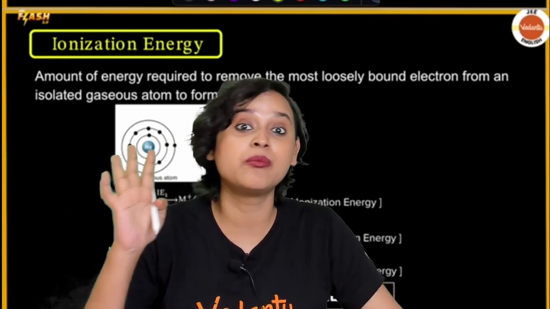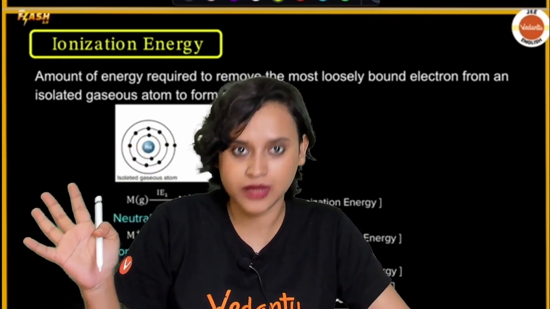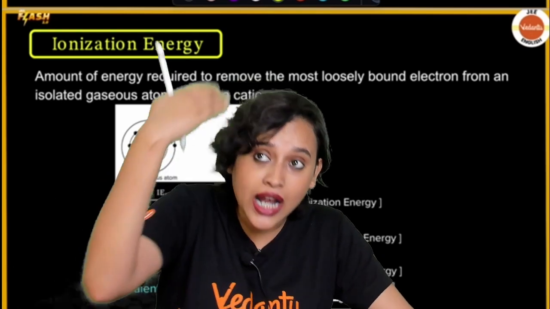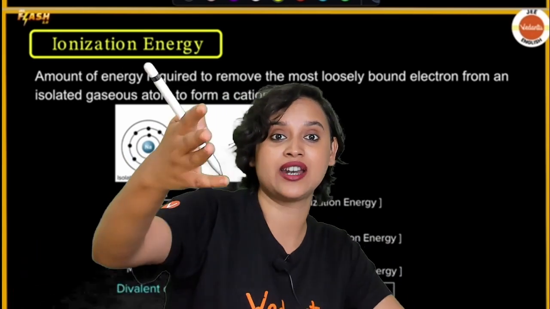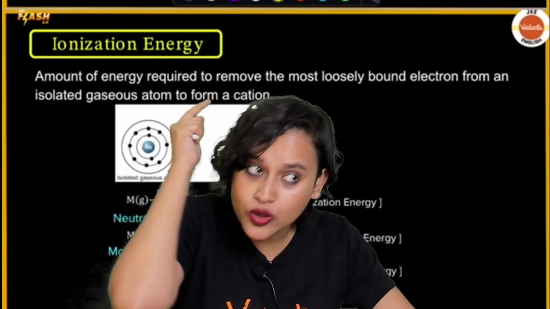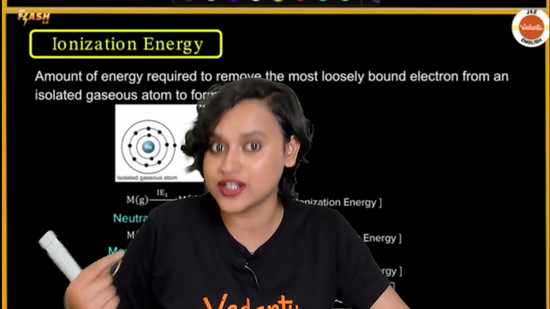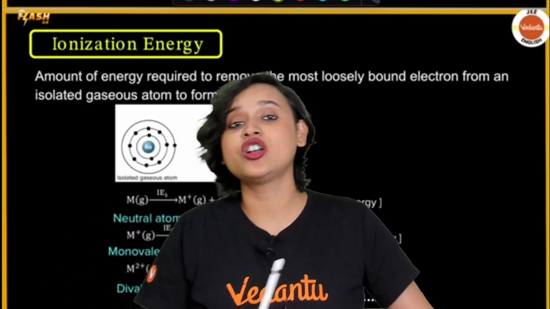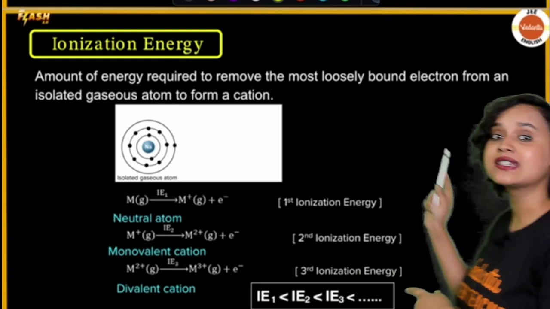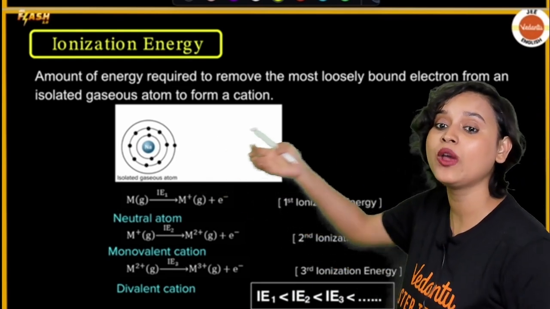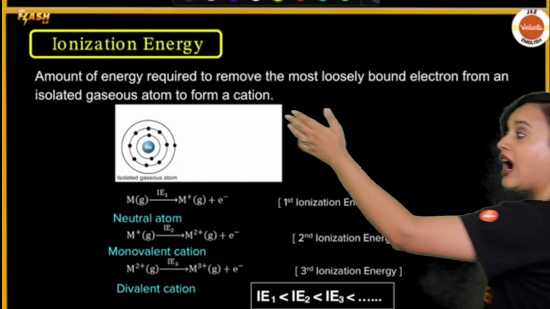An atom understands money as energy. They do not understand money, they understand energy. So the atom will need energy to be able to release that electron. Otherwise, it will not be able to. You have to give it something to be able to take that electron. And that is called ionization energy, when you are giving some energy to take away one electron from the isolated gaseous atom.